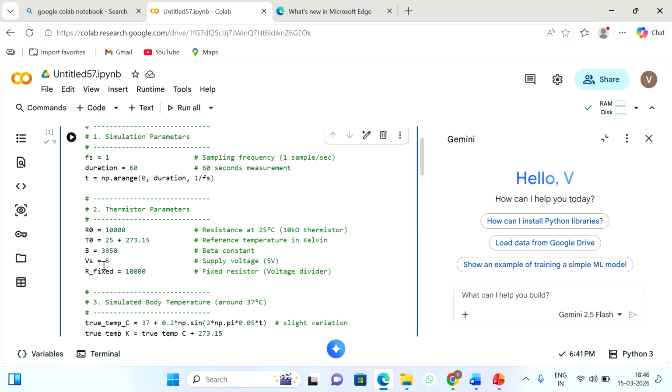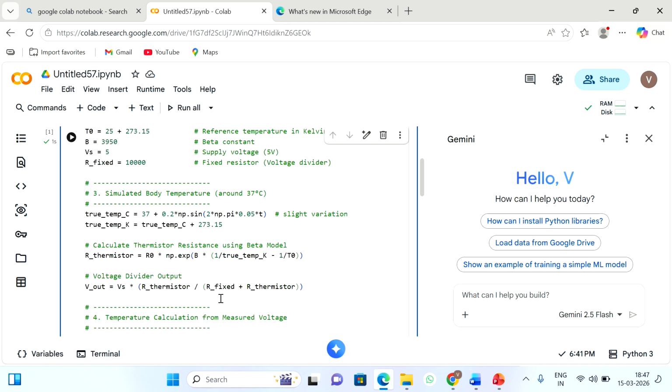Then B equal to 3950. It is the material constant of the thermistor, so it may vary slightly depending on the material used for manufacturing the thermistor. Then VCC is the supply voltage, and R_fixed is the fixed resistor used in the voltage divider circuit.